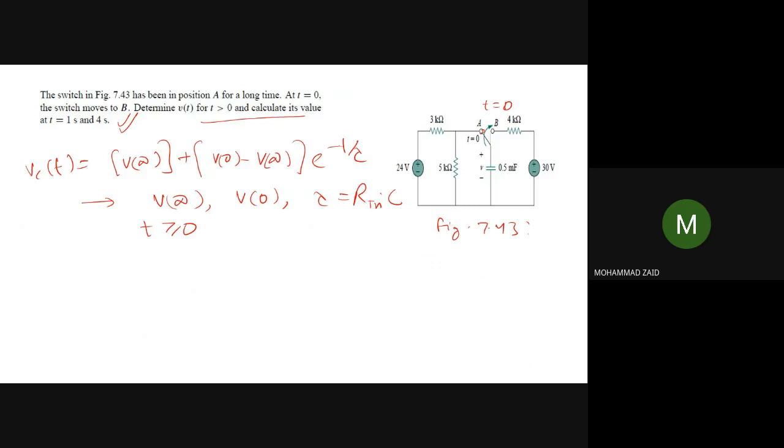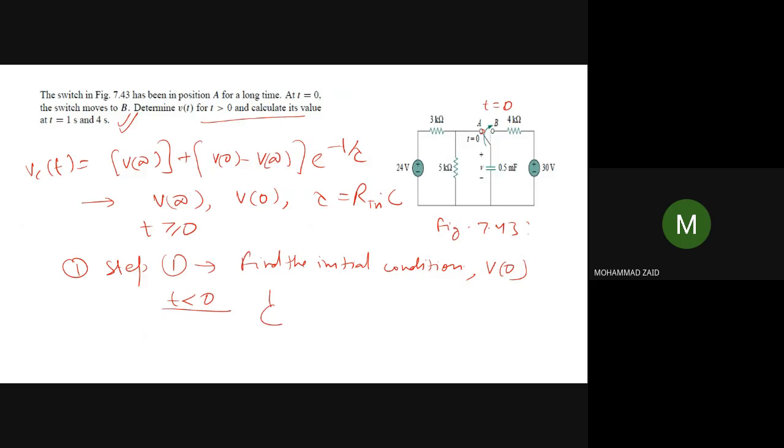Okay, so step 1 is to find the initial condition. Initial condition means V0. V0 we need to find. So how can we find V0? At t equal to 0, before t equal to 0, the circuit was like this.